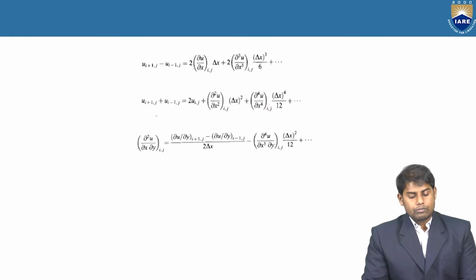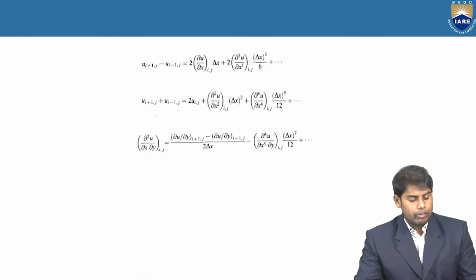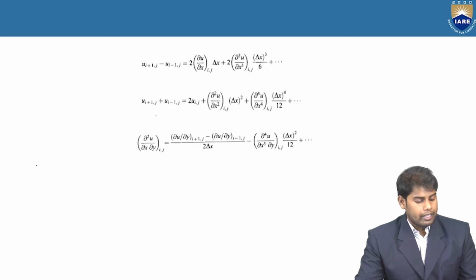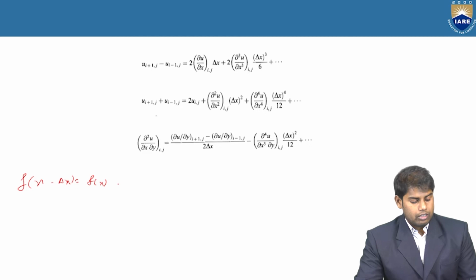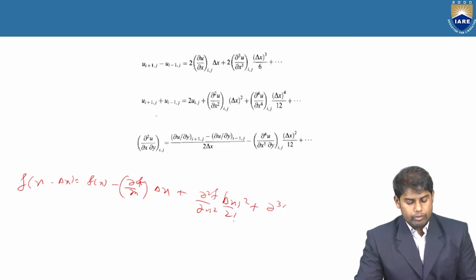Similarly, how do we get the backward difference? We write down f of x minus delta x, which gives f of x minus dou f by dou x into delta x, plus dou square f by dou x square into delta x square by 2 factorial, minus dou cube f by dou x cube into delta x cube by 3 factorial, and so on.